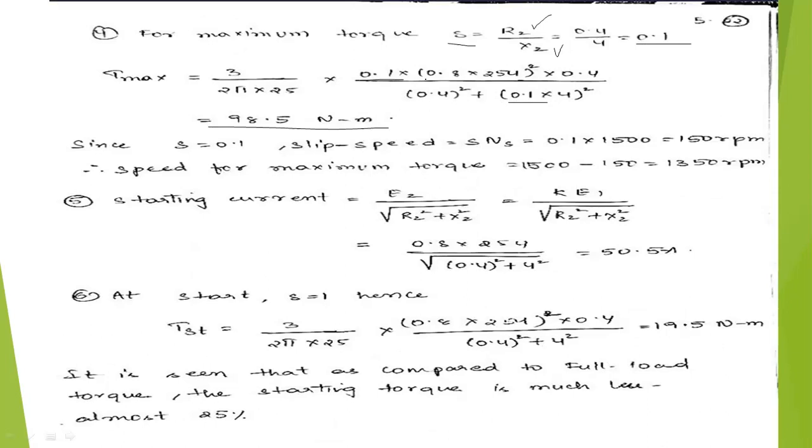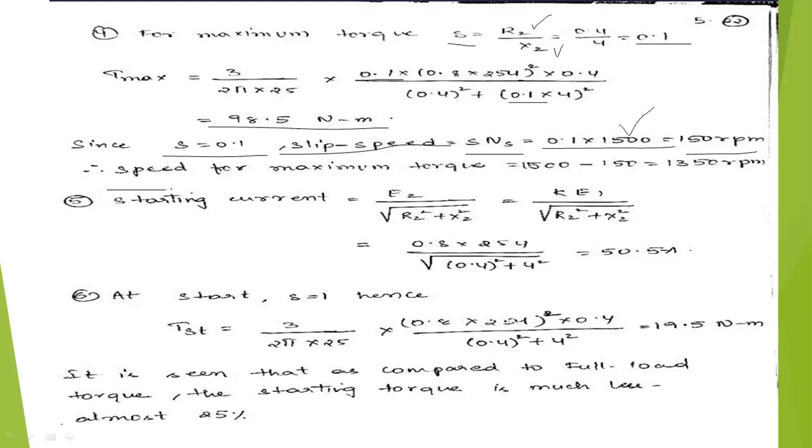Okay, now the speed for maximum torque. For this, you have to calculate the slip speed, which is the difference of speeds. We can write it as S into NS, where S is 0.1 and NS is 1500. So 0.1 into 1500 is 150 RPM.